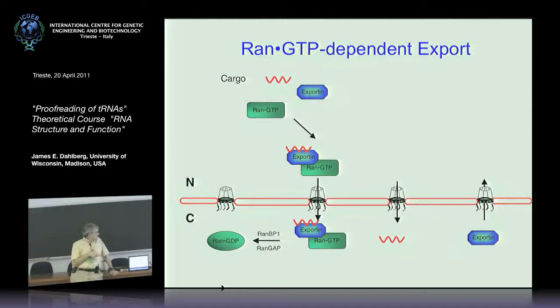And as you can see schematically, the shape of the RAN changes. And when it changes, it no longer has an affinity for the exportin, and so it releases the exportin, which is now free to release the cargo in the cytoplasm. And so what we have is a directionality of taking something from the inside to the outside. And the GTP hydrolysis accomplishes that.